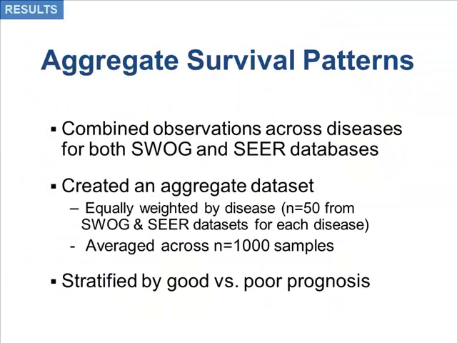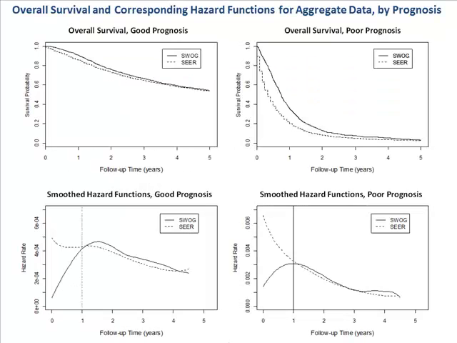So to analyze this further, I created an aggregate data set across all diseases. I created a single equally weighted data set of diseases by sampling 50 observations from each of the databases, repeating this 1,000 times to limit sampling bias, and stratifying by good versus poor prognosis.